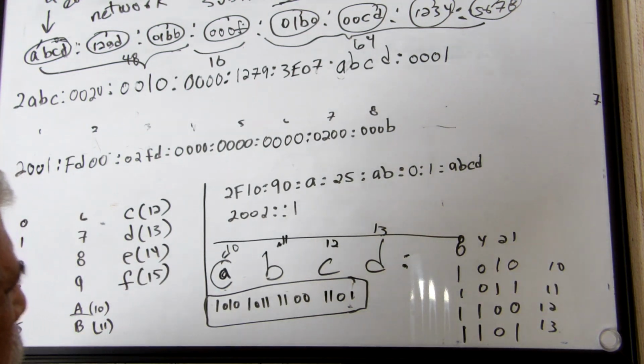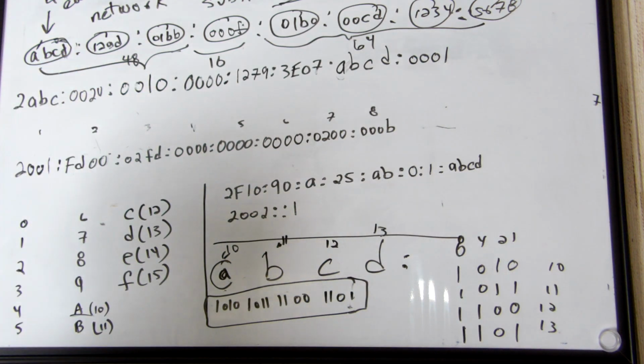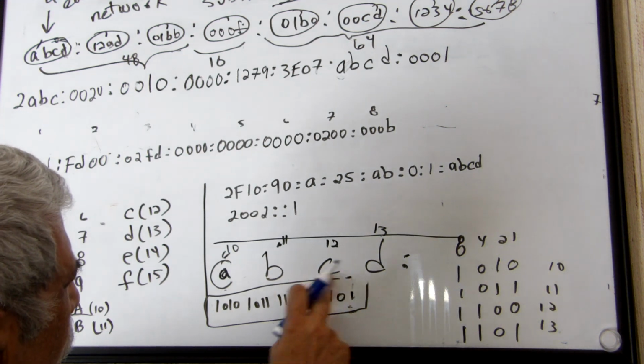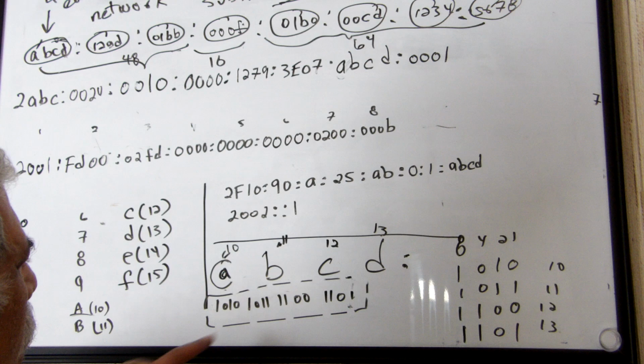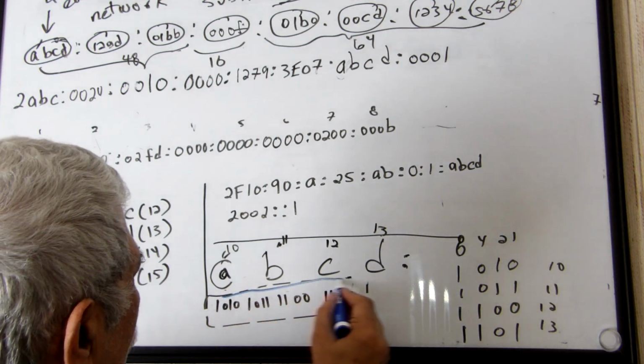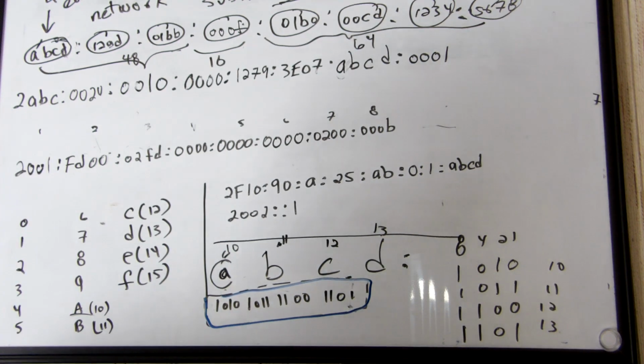So you see that we just converted A, B, C, D to binary. Now let's see why it is 128 bits.